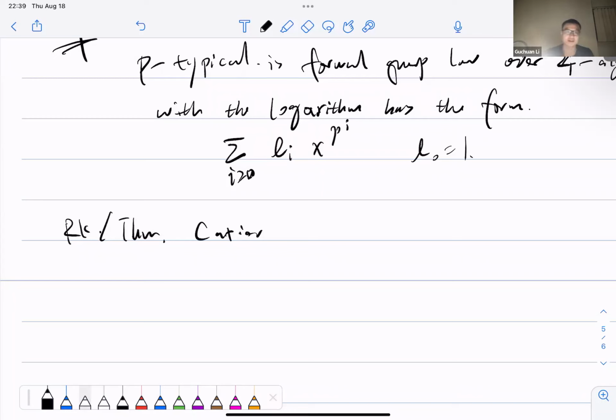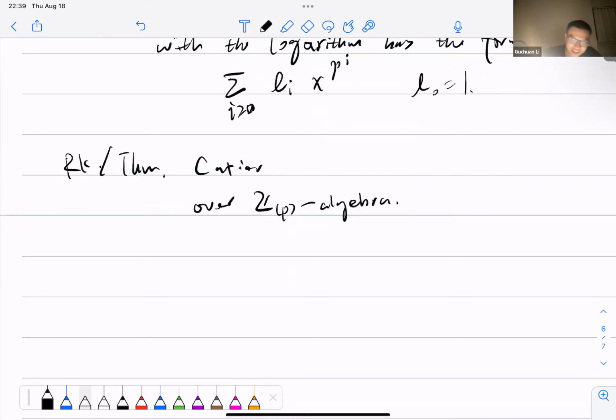That's enough, because over any Z_(p)-algebra, including those with torsion, since there's a definition for the general case, the theorem applies.